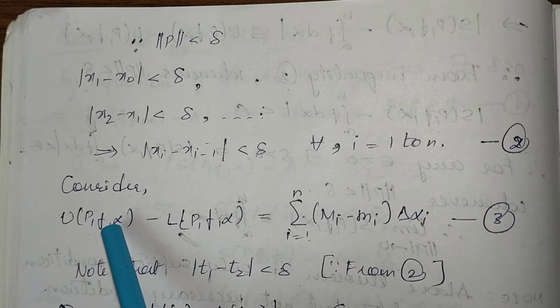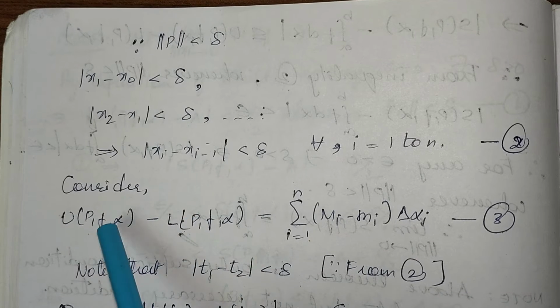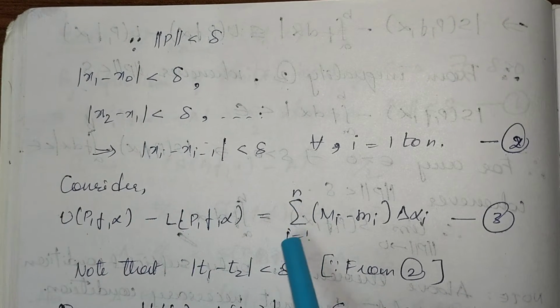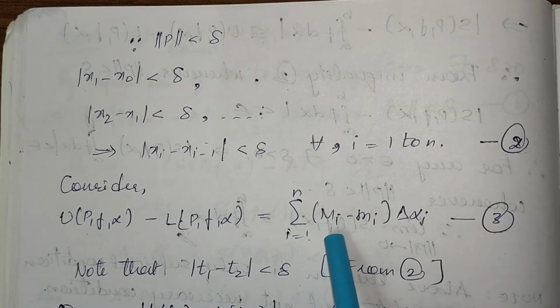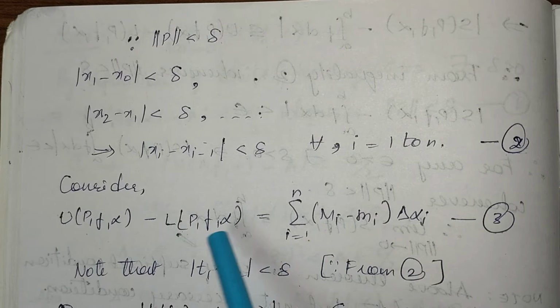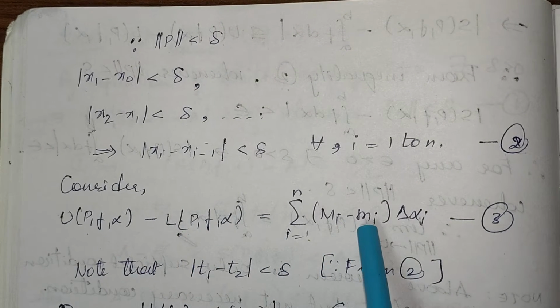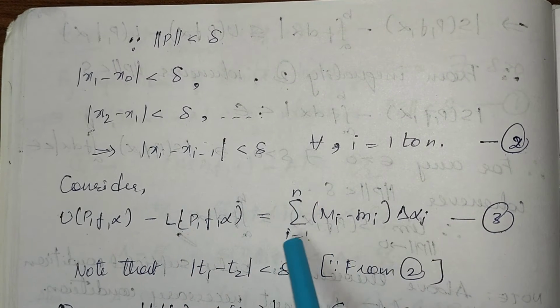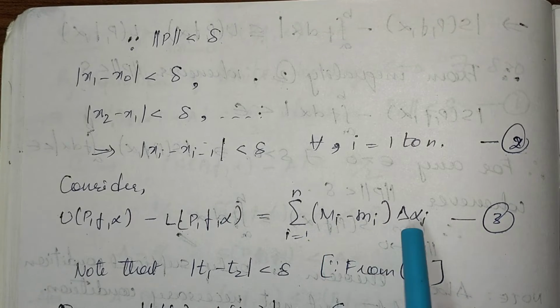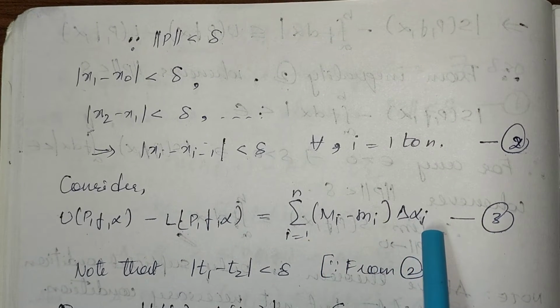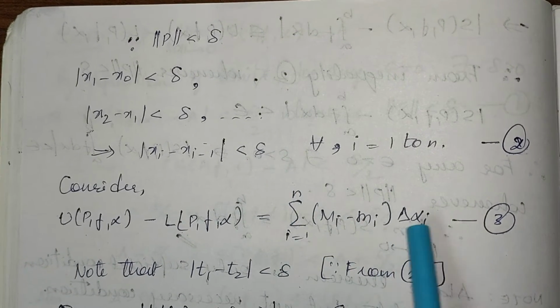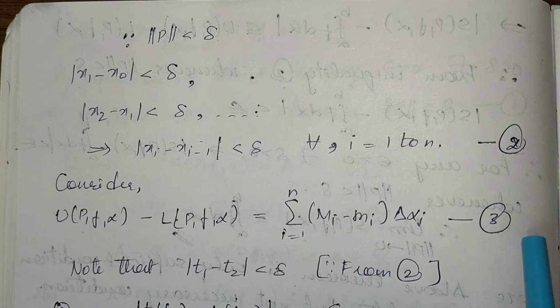According to the definition, this is equal to the summation, i equal to 1 to n, of Mi delta alpha i minus mi delta alpha i. If I take delta alpha i common, I have this. I will name this as equation 3.